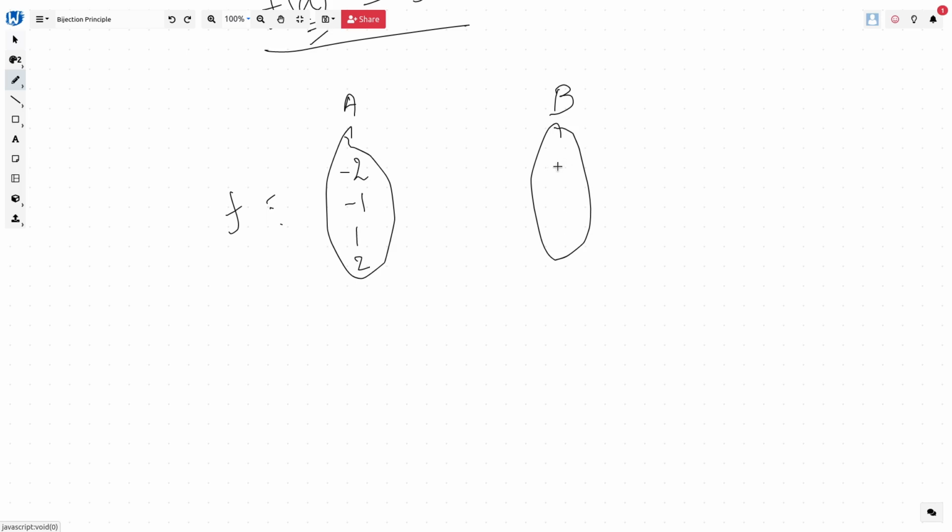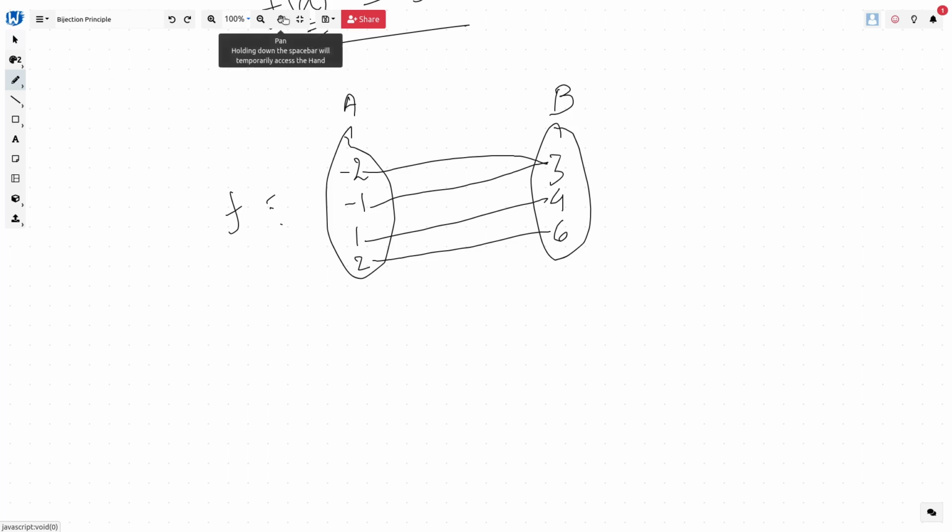And here we have elements like 3, 4 and 6. Now let's define the mapping: -2 is mapping to 3, -1 is mapping to 3, 1 is mapping to 4 and 2 is mapping to 6.